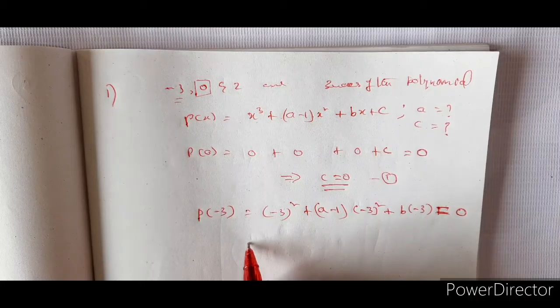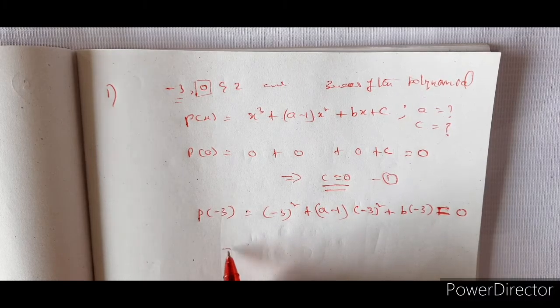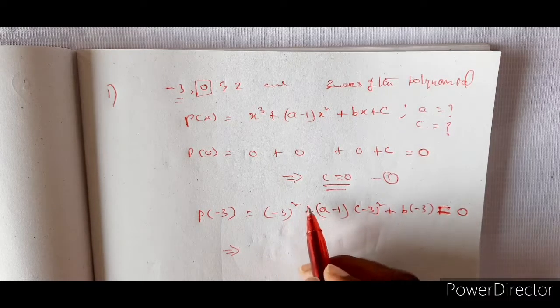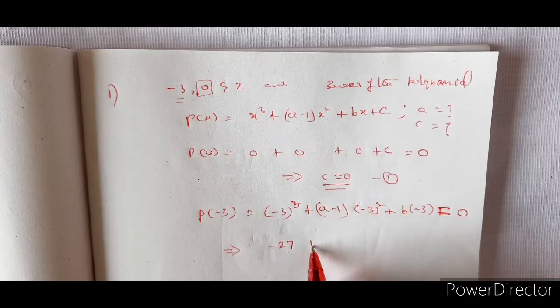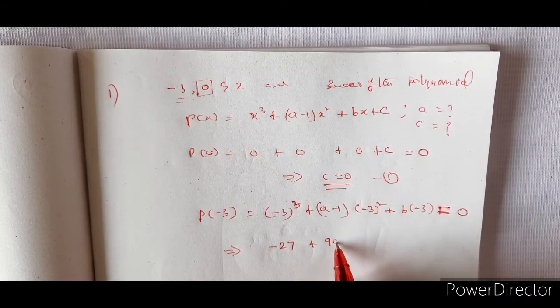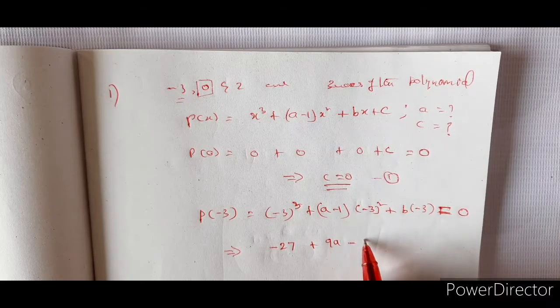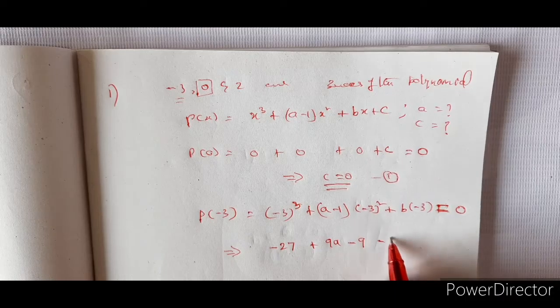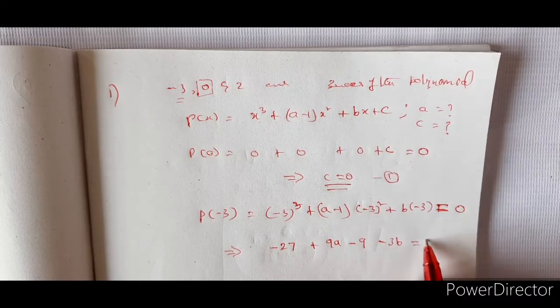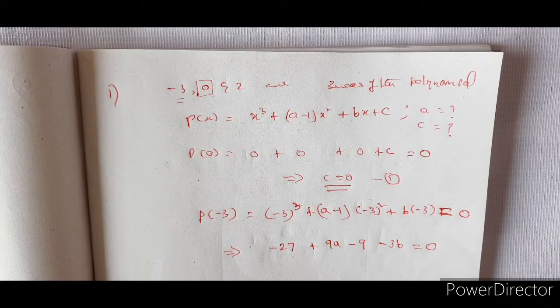Which implies -3 whole cube is -27 plus 9a minus 9, because -3 whole square is 9, minus 3b is equal to 0.